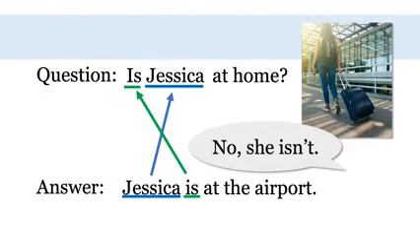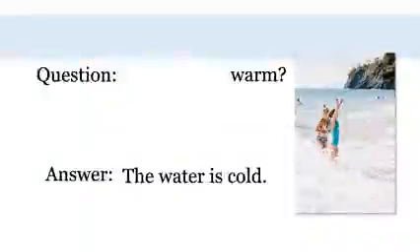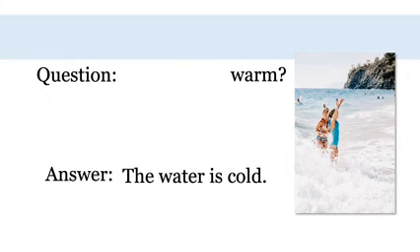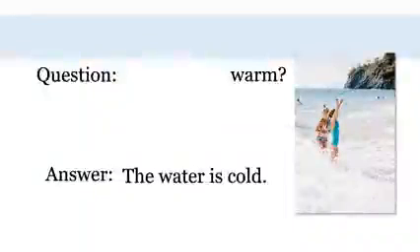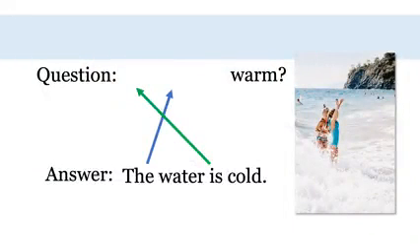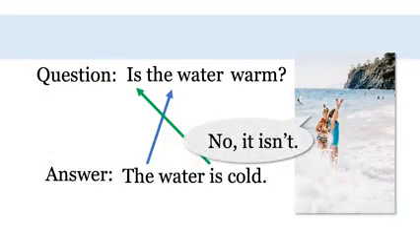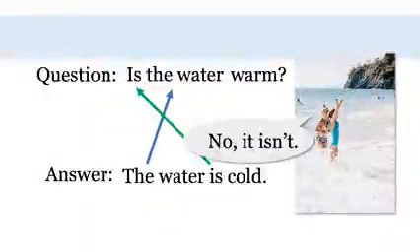Jessica is at the airport. Here's another. What is the question? The answer is, the water is cold, and we want to reverse the order. Is the water warm? No, it isn't. The water is cold.